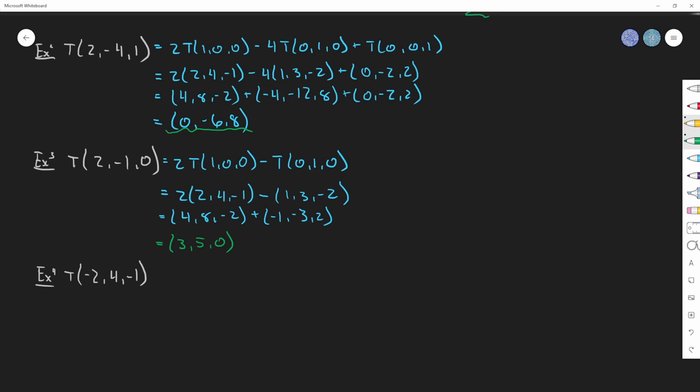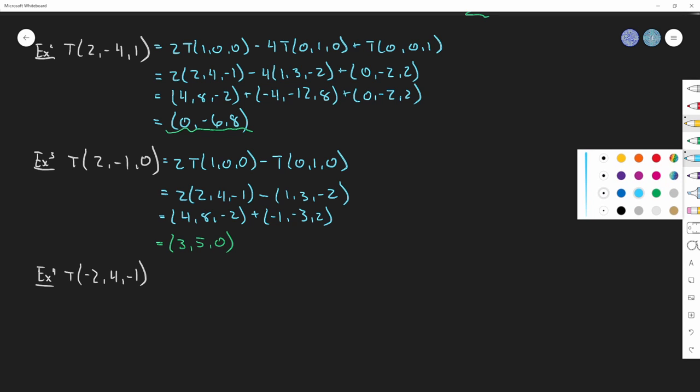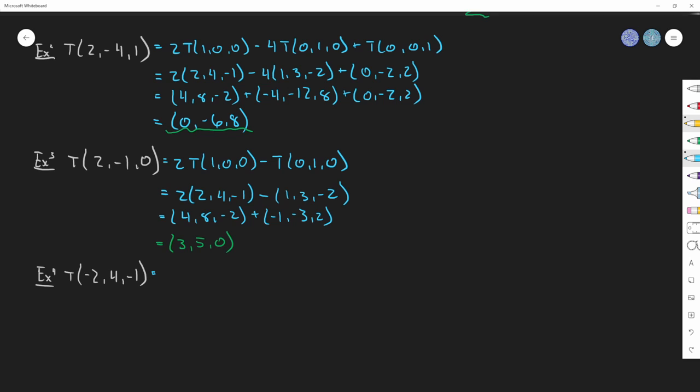And then finally, our last one. Again, we know what our constants are. So this would be negative 2 T of (1, 0, 0) plus 4 T of (0, 1, 0) minus T of (0, 0, 1).